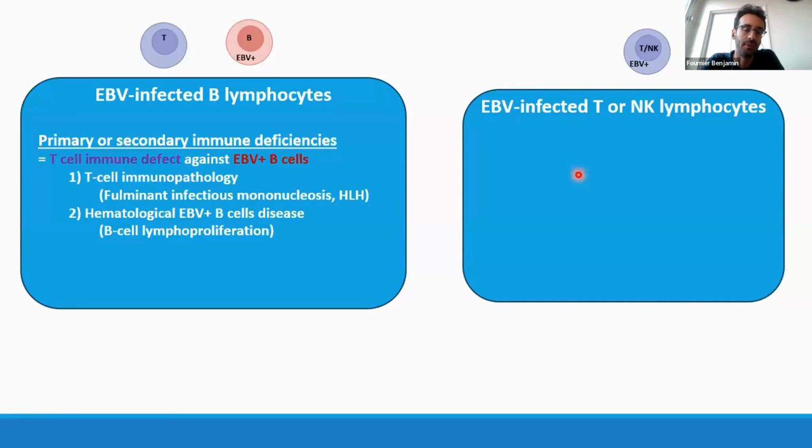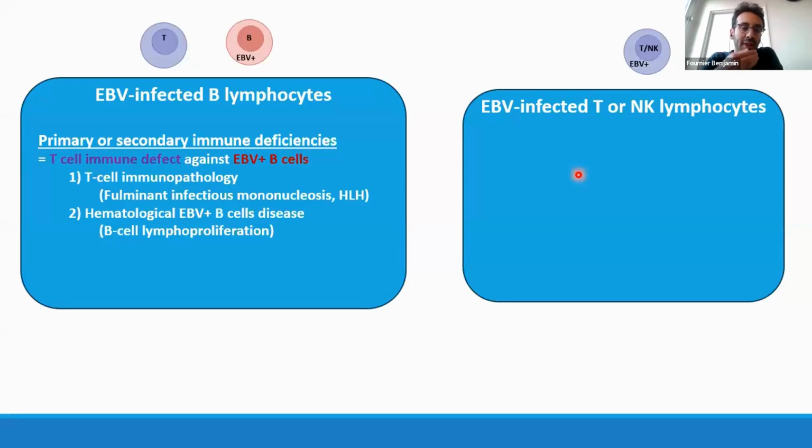And we can distinguish two subsets of disease. Disease where the clinical phenotype is due to T-cell immunopathology, such as fulminant infectious mononucleosis or HLH, where we have a T-cell infiltration that will cause the symptoms.